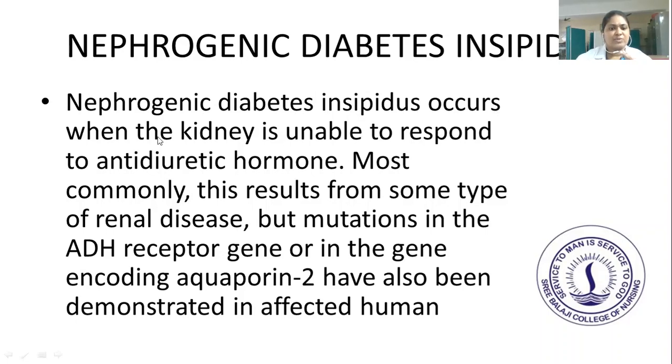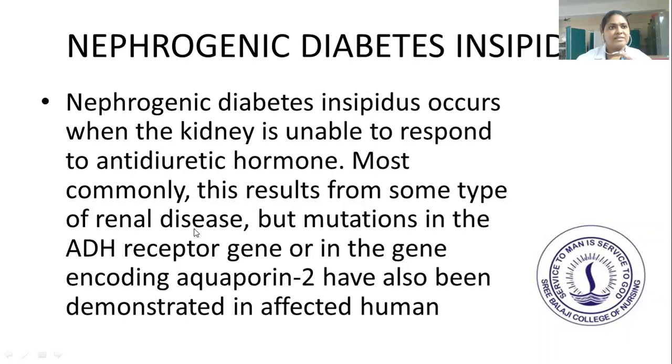It occurs when the kidney is unable to respond to the antidiuretic hormone. This nephrogenic diabetes insipidus is seen when the kidney is not responding to the antidiuretic hormone. Most commonly this results from some type of renal disease.